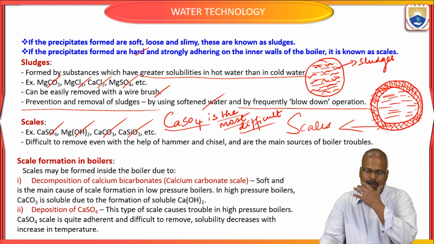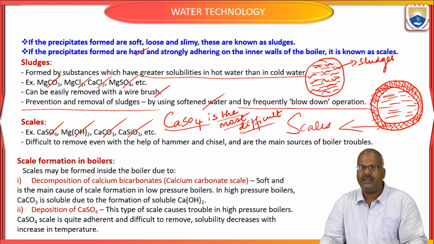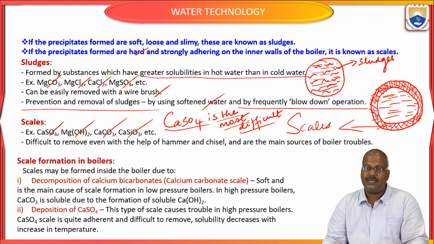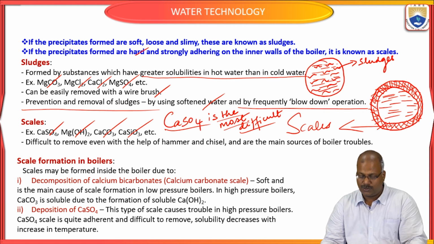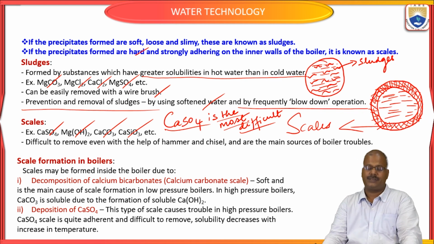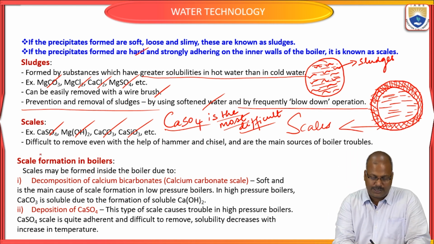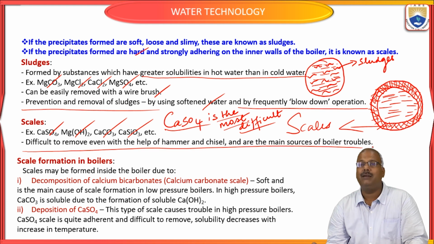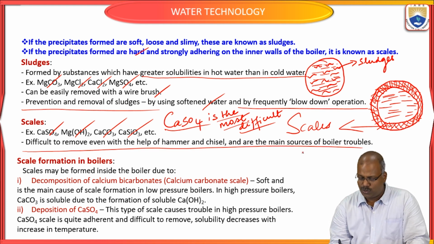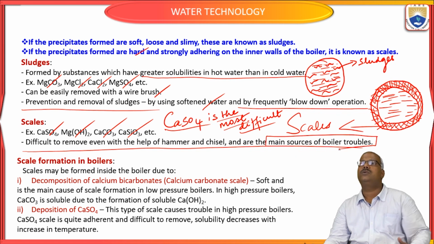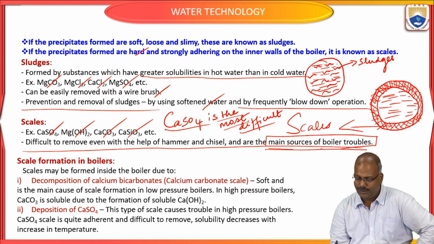Normally, the solubility of salts increases with the increase in temperature compared to cold conditions, whereas for calcium sulfate, if you increase the temperature, the solubility decreases. So they are not soluble. It's difficult to remove even with the help of a hammer and chisel, and they are the main sources of boiler trouble. That's why we are seeing this.